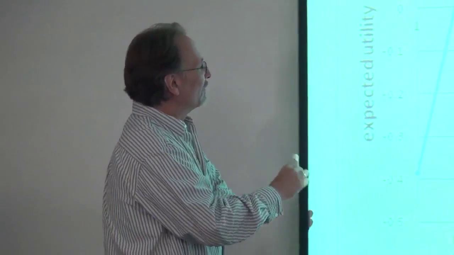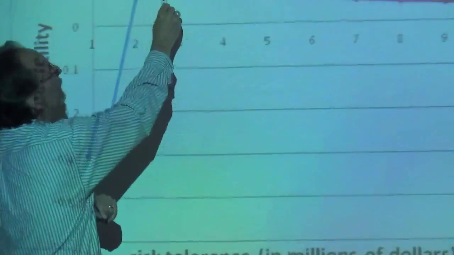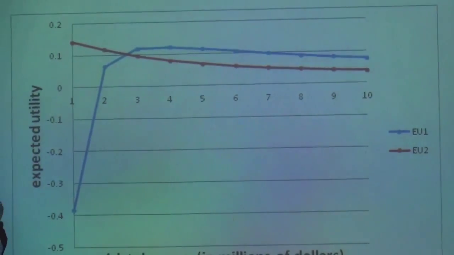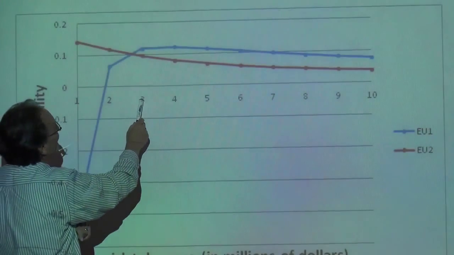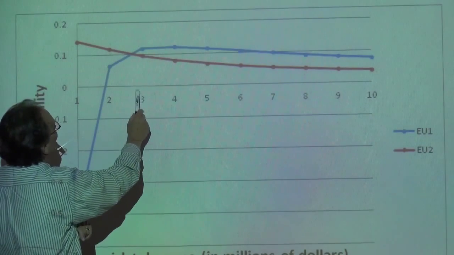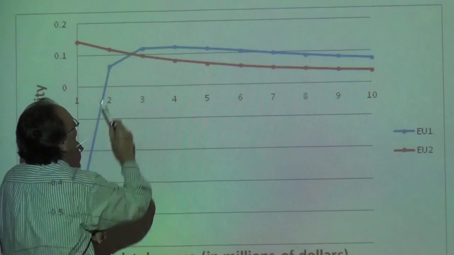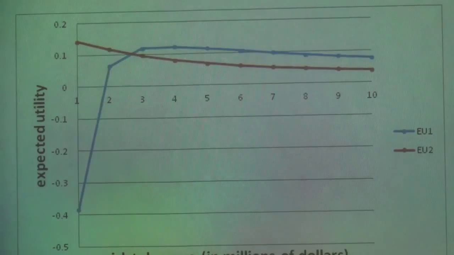This is for option 1. And option 2 is better, but as your risk tolerance increases, then suddenly option 1 becomes better. And so you can see that it evolves as your risk tolerance increases, and it will change your decision based on your risk tolerance.